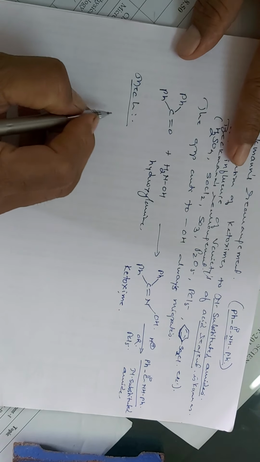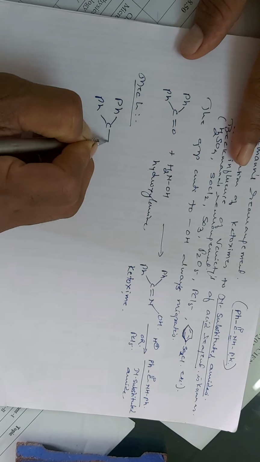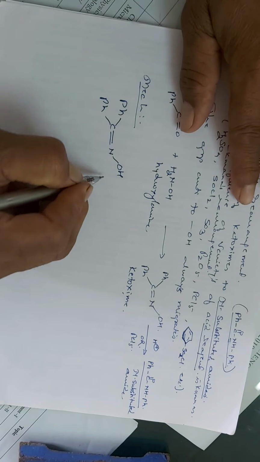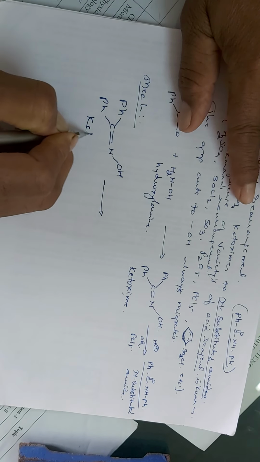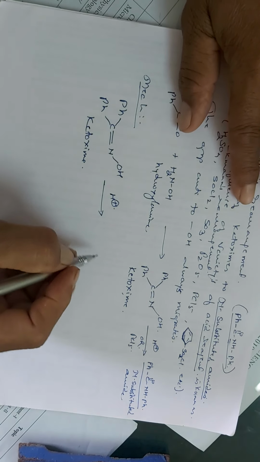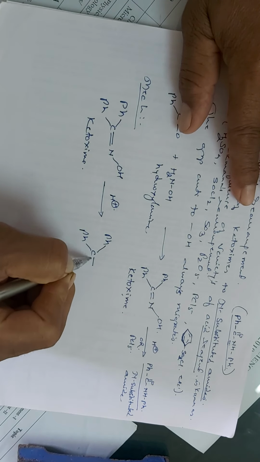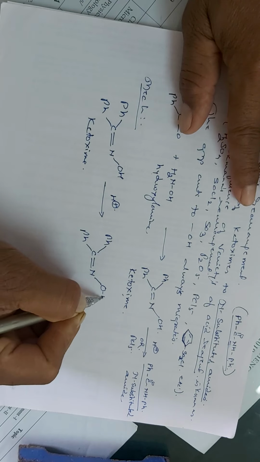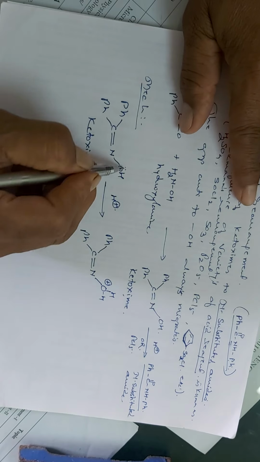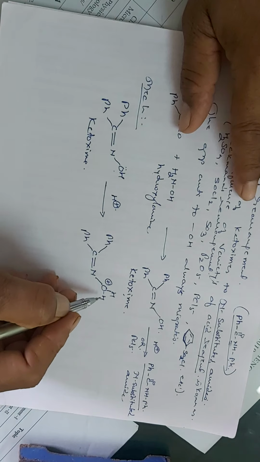So the ketoxime, first of all, that is PhC Ph double bond NOH. This is the first molecule, that is the ketoxime, and this ketoxime on reaction with the acidic medium, acidic reagent, will give you the formation of PhC Ph double bond NOH, and here H. The acidic proton accepts the electron pair from the oxygen, and a bad leaving group is converted into a good leaving group, OH2.